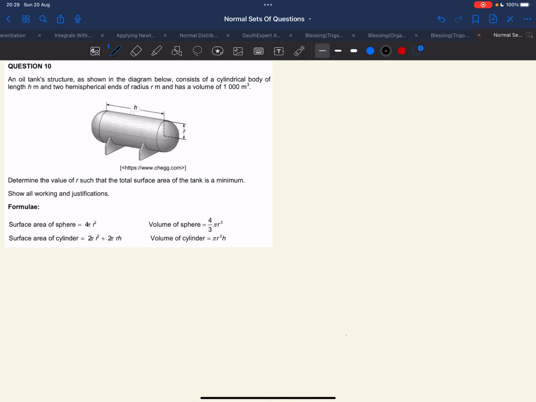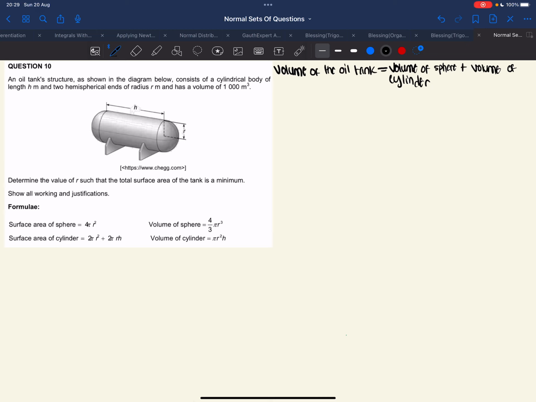So if we had to calculate the volume of the oil tank, it will basically be just the volume of a sphere plus the volume of a cylinder.